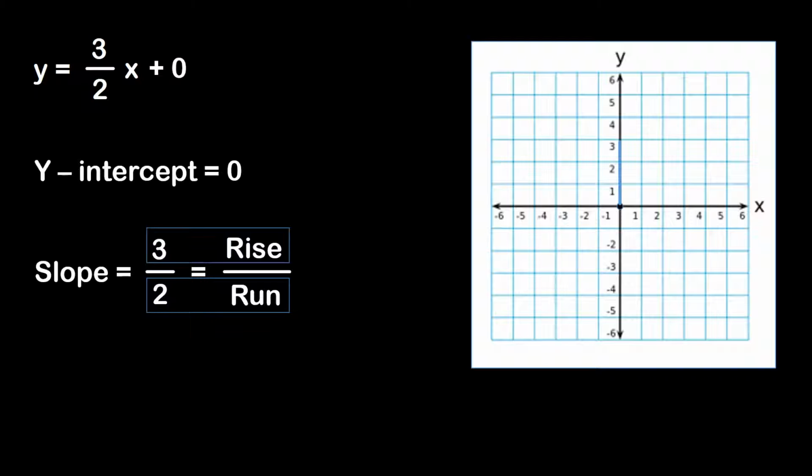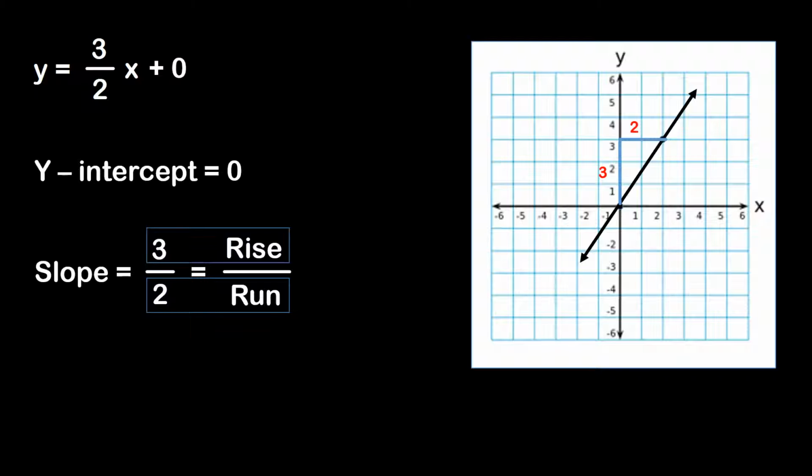And since the run is 2, we know that x increases by 2. We would sketch that, and we could write in 3 and 2. So y increases by 3 and x increases by 2. And we can then plot the next point using this triangle that we have created and form the line. And so that would be the line for the equation y is equal to 3 over 2x.